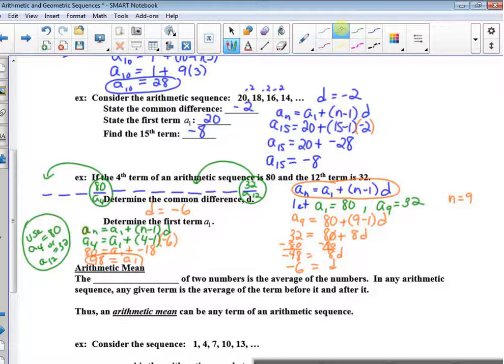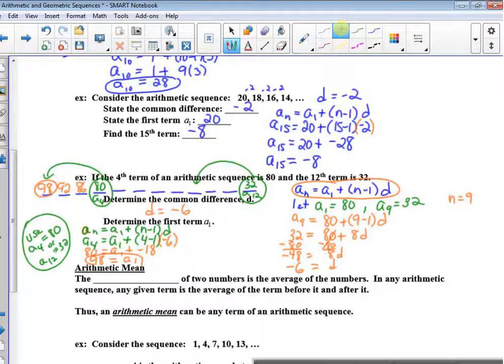So if we took 80 and we needed a common difference, we were going back, we could do 80 plus 6. We could have gone and gotten 86, plus 6 is 92, and 92 plus 6 is 98, and that was truly our first term.